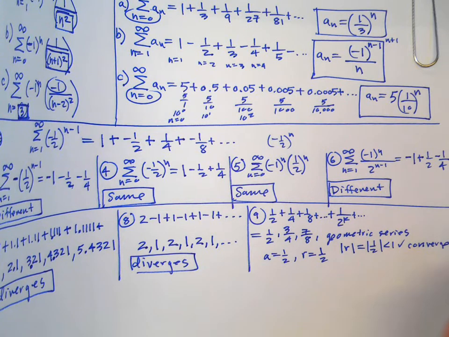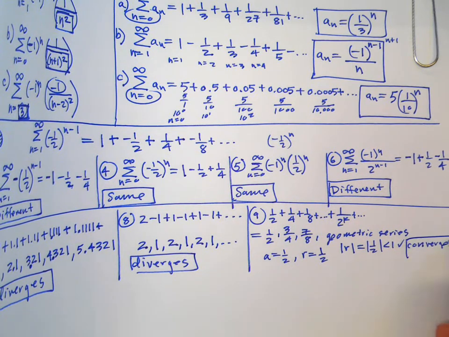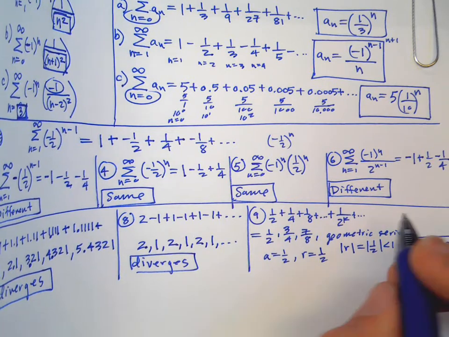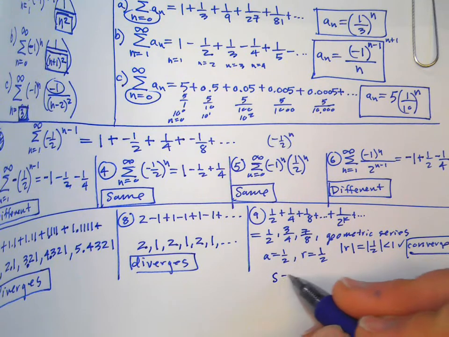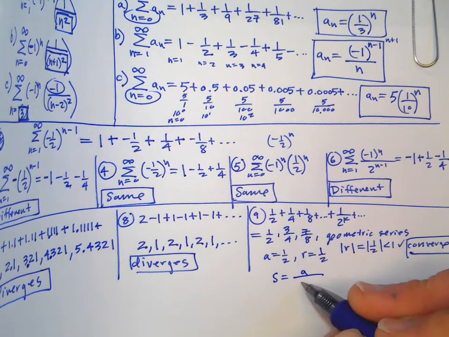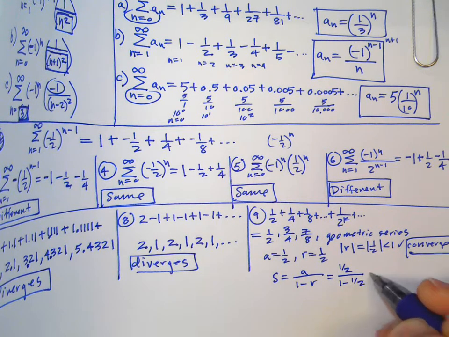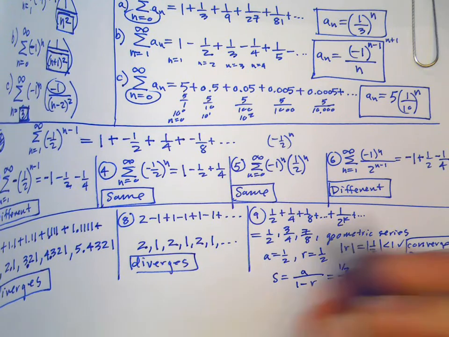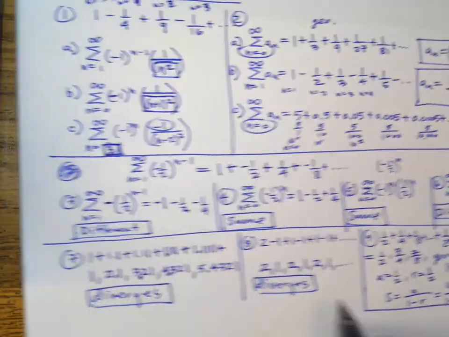They just asked whether it converges, and that's all they're asking. Because it's a geometric series, we could go ahead and compute what it converges to. It's a over 1 minus r, 1/2 over 1 minus 1/2. It goes to 1. Not that they asked you to do that on this problem.